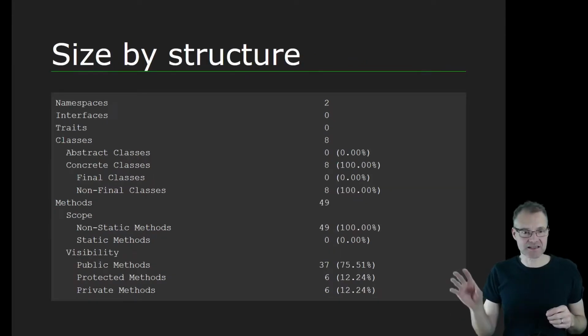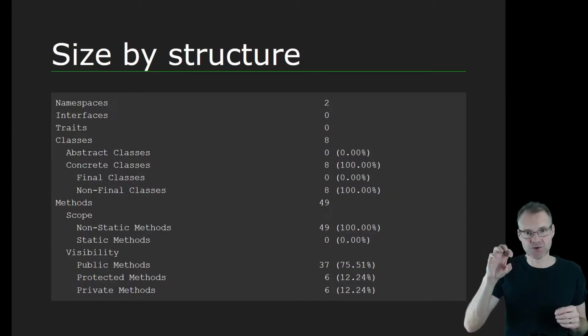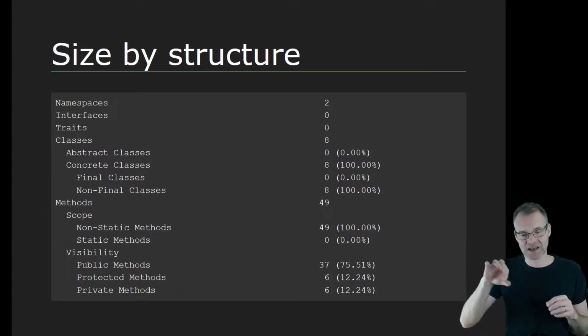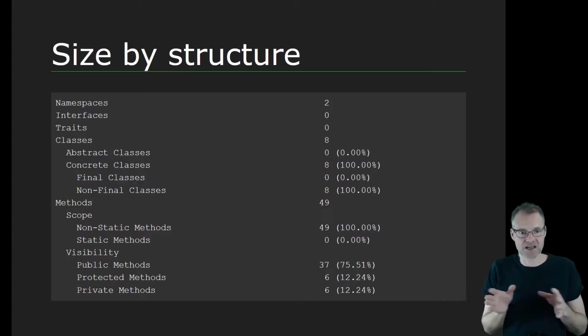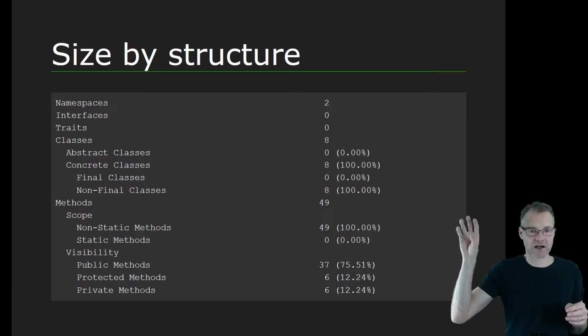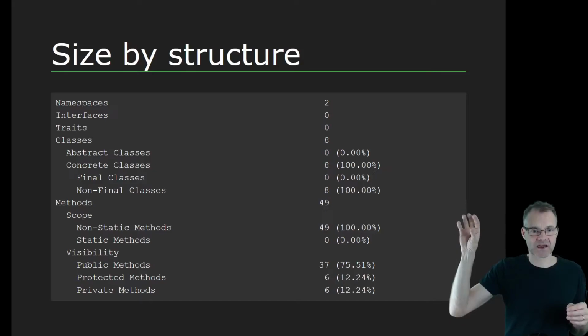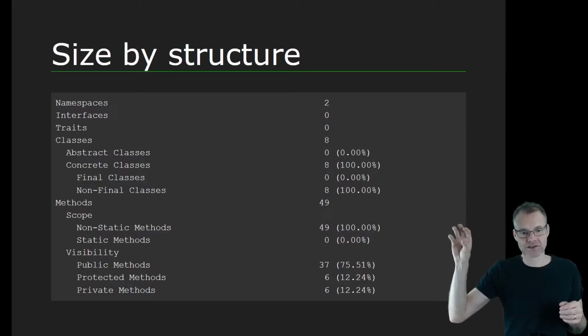Okay, so let's just see a bit more. This is size by structure. We can use the size of the code and divide it, categorize it. So here it's categorized into how many namespaces we have, how many classes we have, and what type of classes there are. There are concrete classes, non-final.